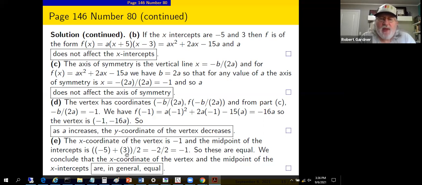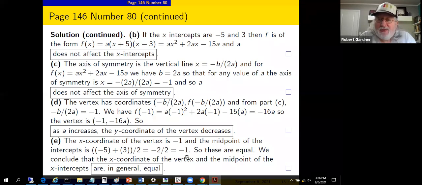Well, how far is it from -1 to 3? 4 units to the right. How far is it from -1 to -5? 4 units to the left. So -5 is the same distance from -1, the axis of symmetry, as 3 is from -1.